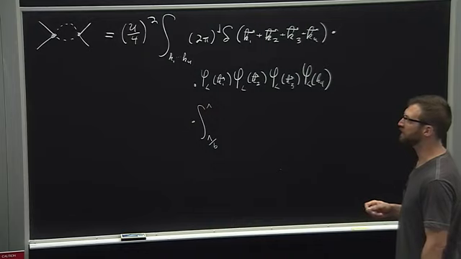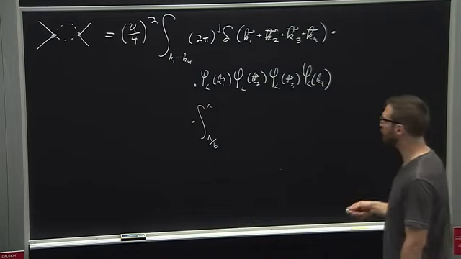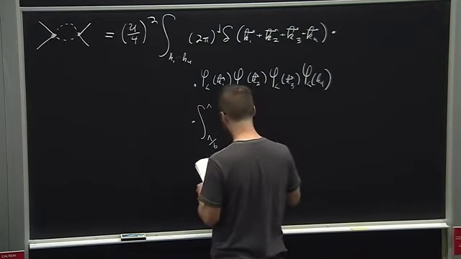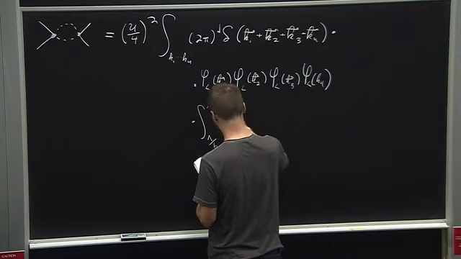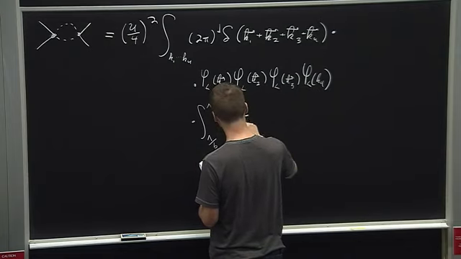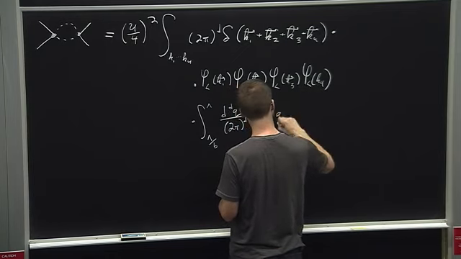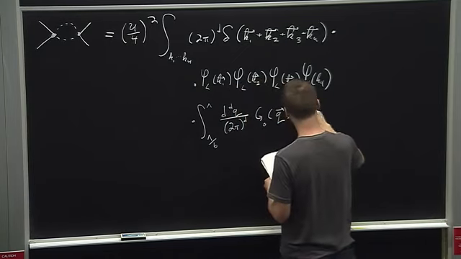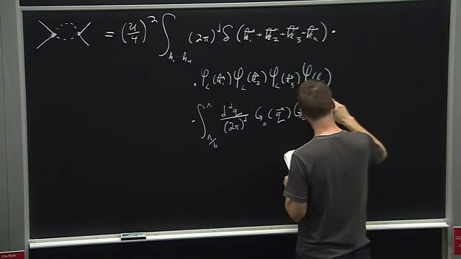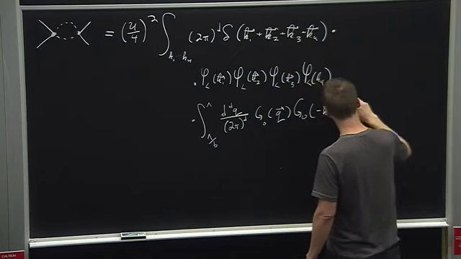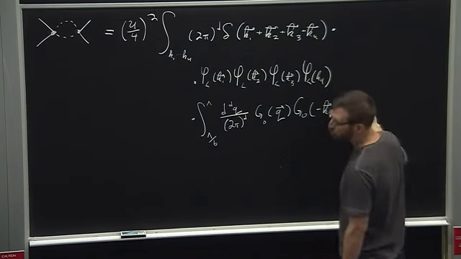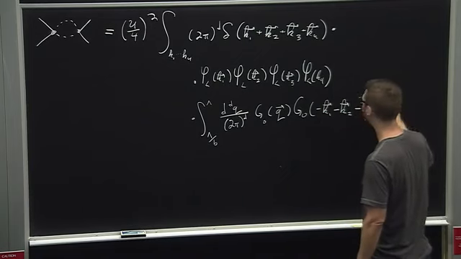Okay, so again, it's an expectation value over the fast modes. That's this integral. And minus Q here.